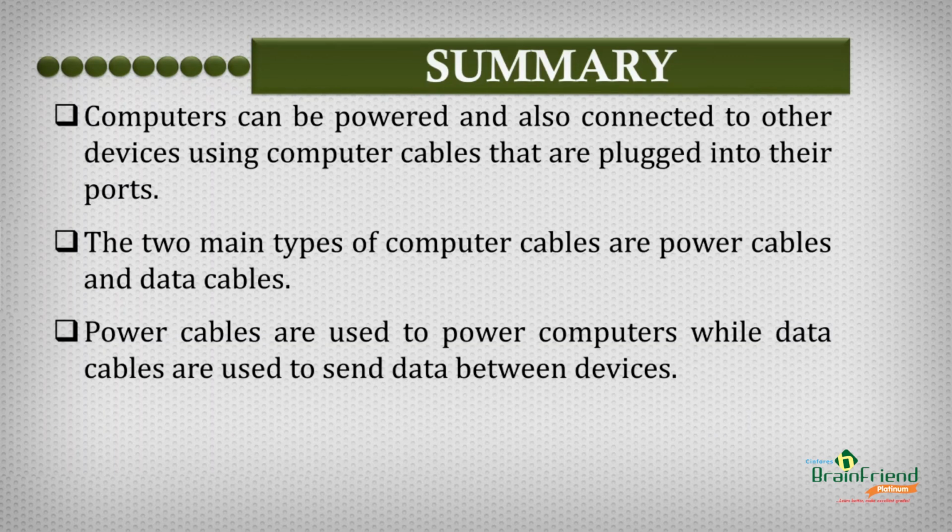First, we learned that computers can be powered and also connected to other devices using computer cables that are plugged into their ports. Secondly, we learned that the two main types of computer cables are power cables and data cables. Next, we learned that power cables are used to power computers, while data cables are used to send data between devices.